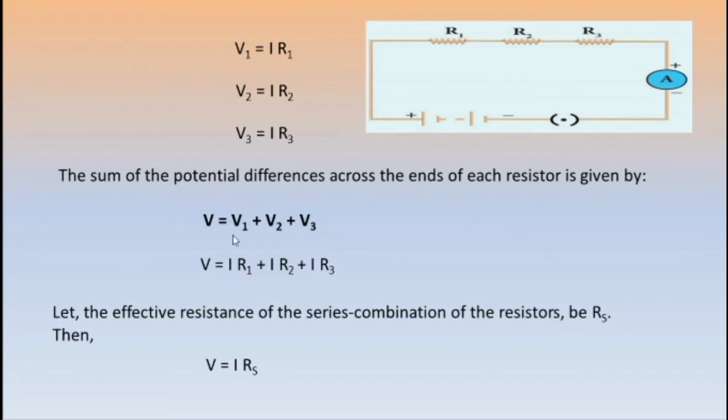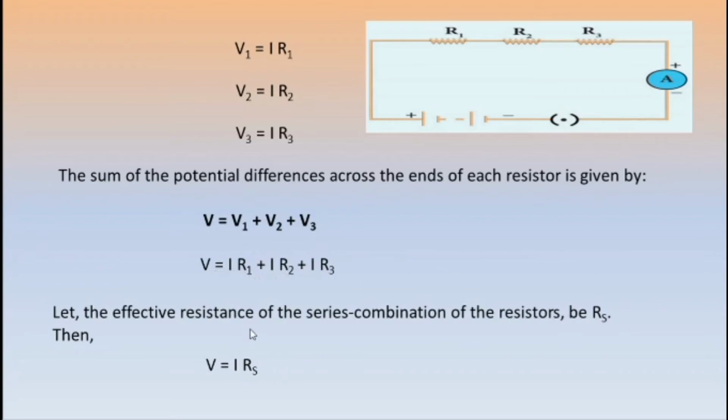Substituting, V1 is equal to IR1, so V is equal to IR1 plus IR2 plus IR3.